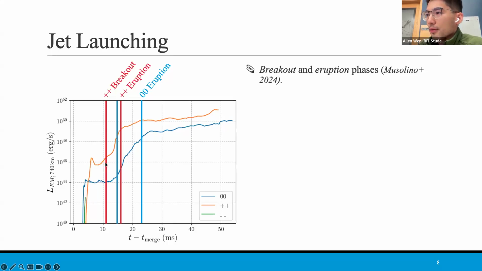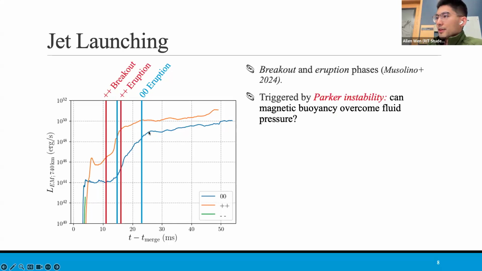One they call breakout, when the magnetic fields initially confined within the remnant escape the remnant and are detected at larger radii, followed by a sharp increase of several orders of magnitude that they associate with the Parker instability, where the magnetic fields are finally strong enough to overcome the fluid pressure, and then buoyancy allows magnetic fields to rapidly lift out of the remnant.